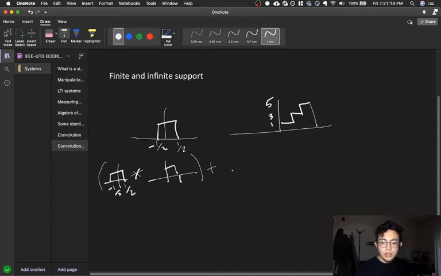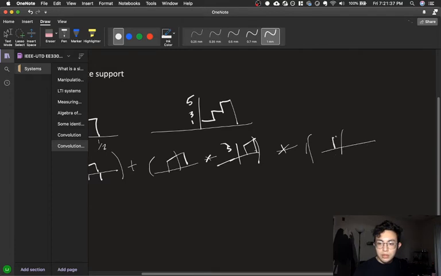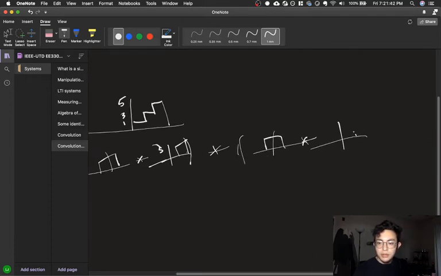So this is plus this convolution of this 3 that's shifted over, convolved with 3, plus convolution with this box again, convolved with the 5 that's also shifted over.